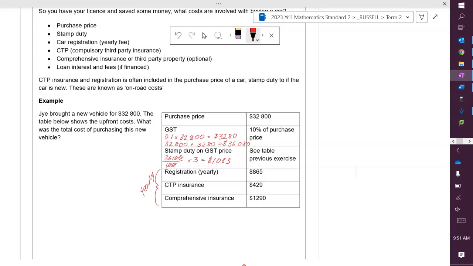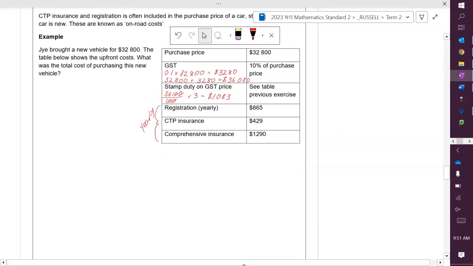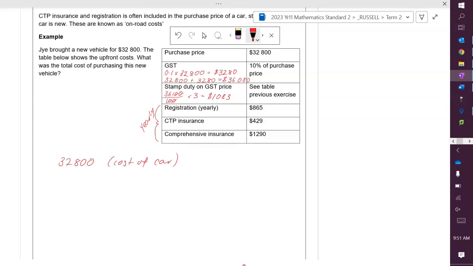So if we go and put all of this in to calculate, we have our 32,800, which is the cost of the car. We have our GST, which is 3,280. We have our stamp duty, which we've calculated at $1,083.